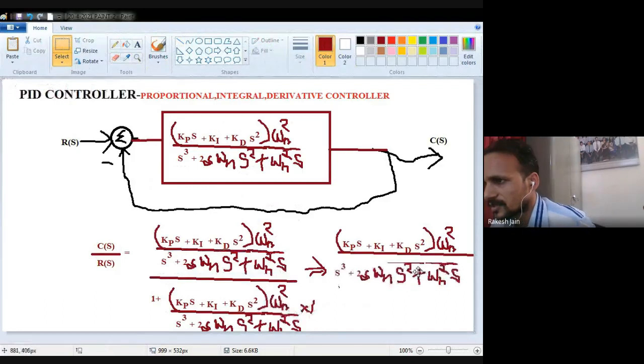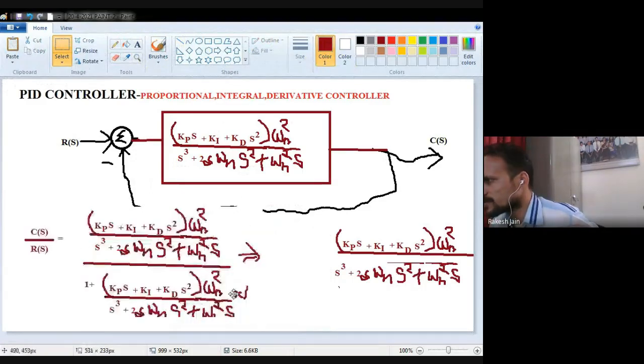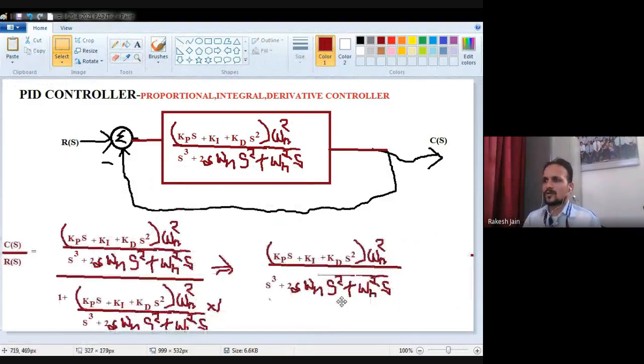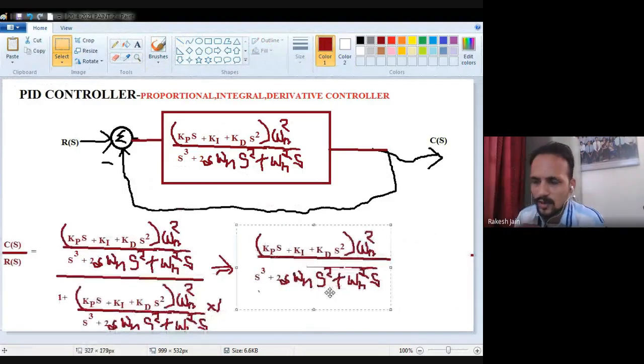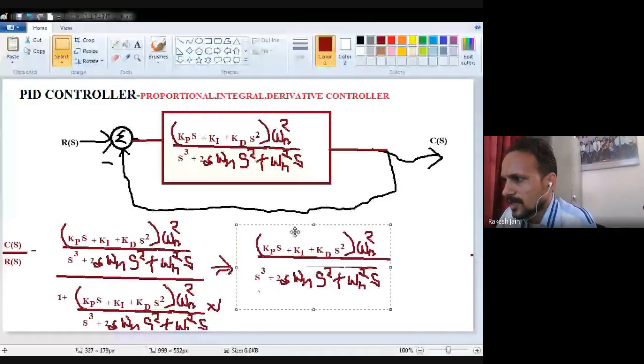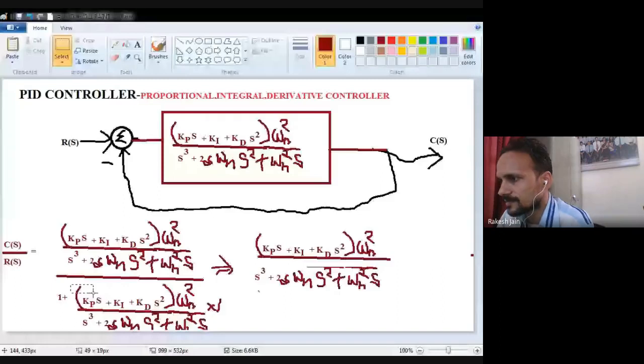I just shift it a little bit left. Now you can easily see the final answer.